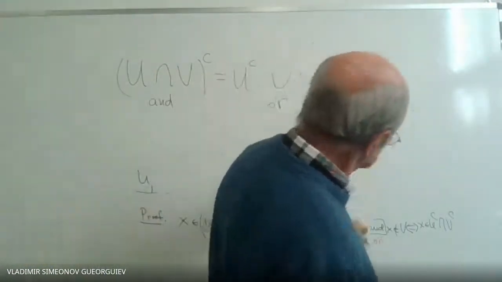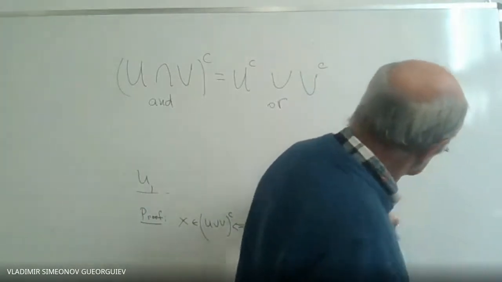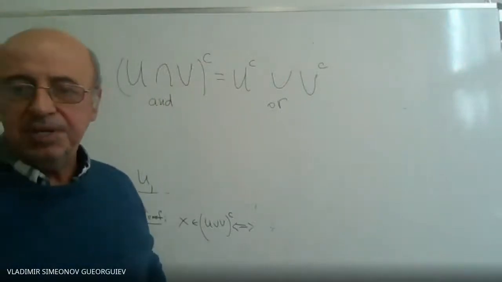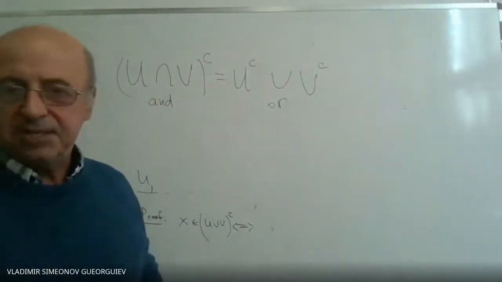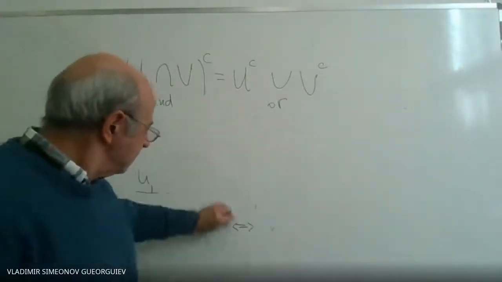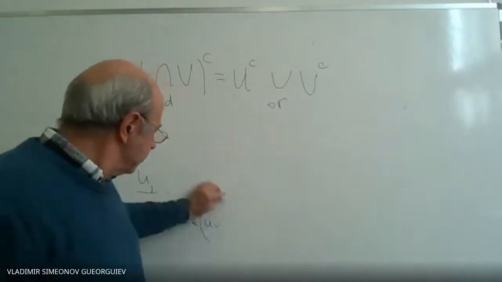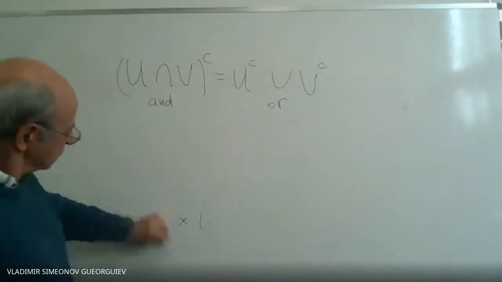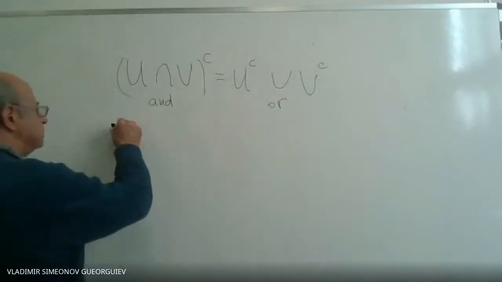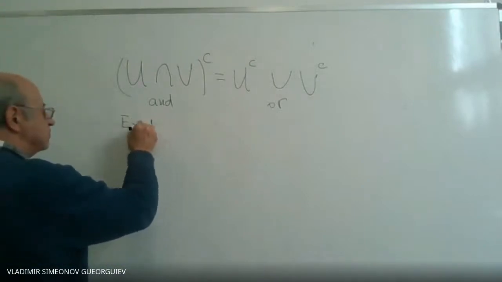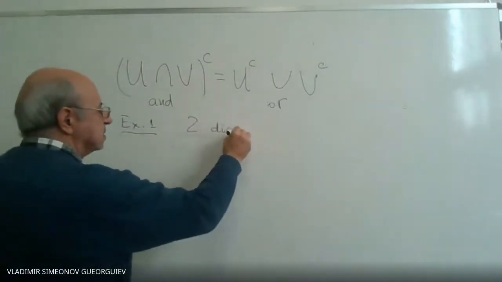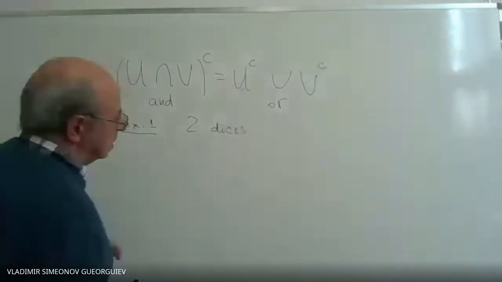Let us make the following example. Typical examples in probability are so-called dice, dado. So we have two dice. Example 1. We have dice.